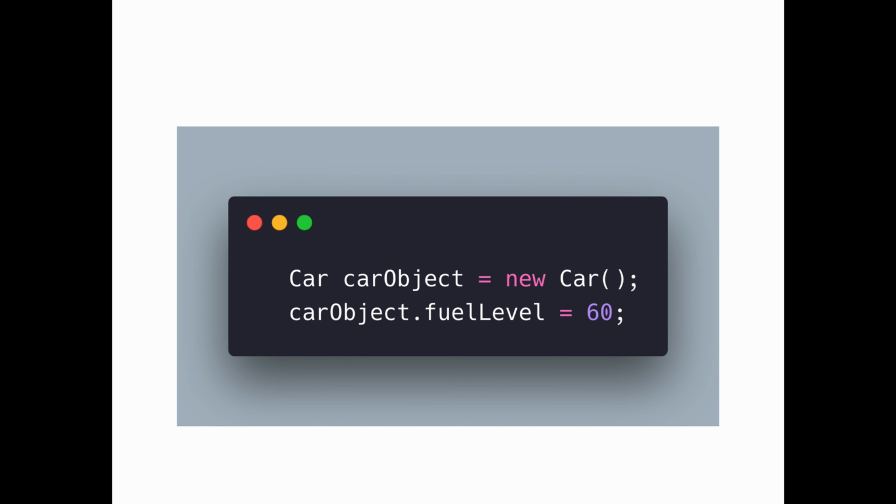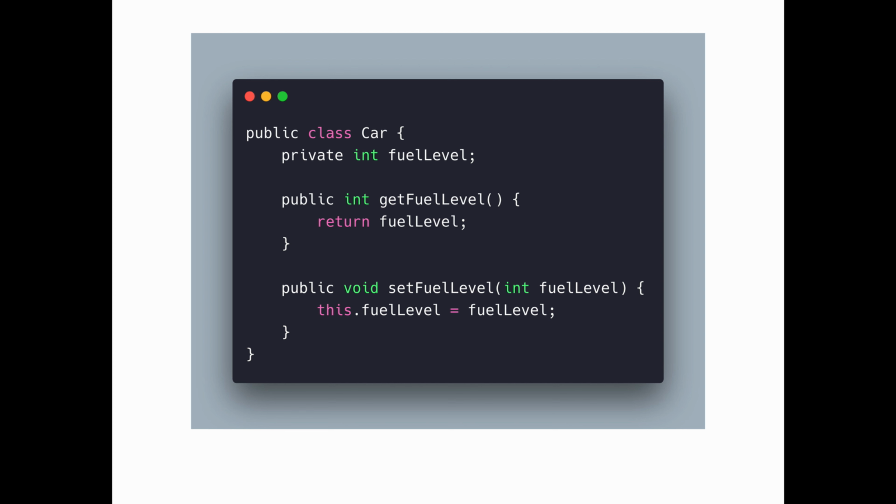But what if I don't want this to happen? I only want the user to use methods to access the fuel level. So in that case, I can make fuel level private. If you notice before int fuel level, you will now see private. Private is saying this is now not accessible outside this class.